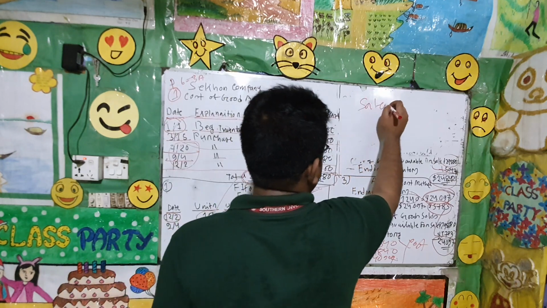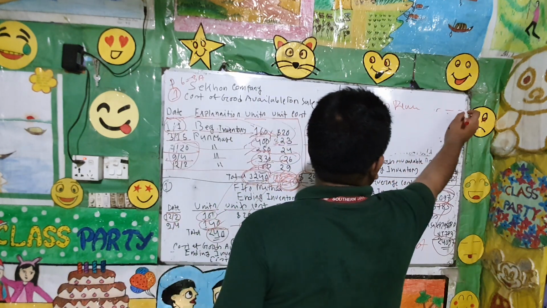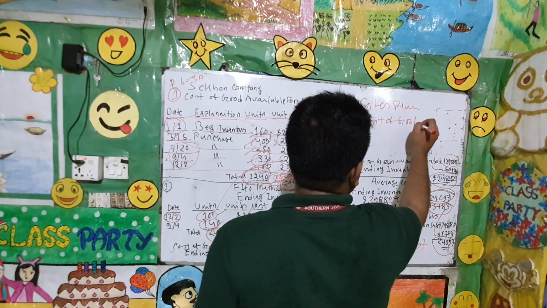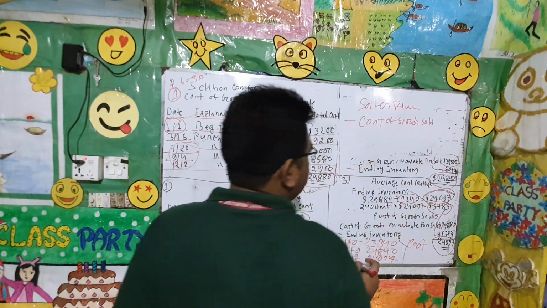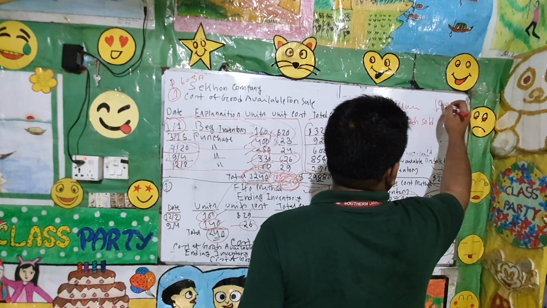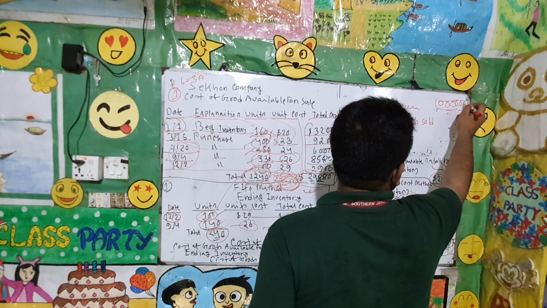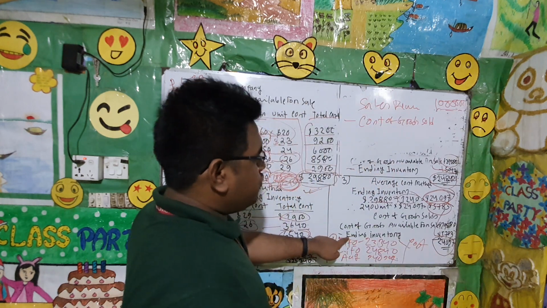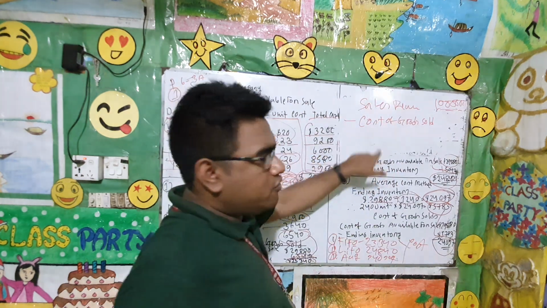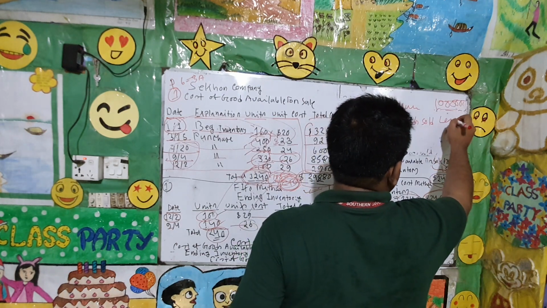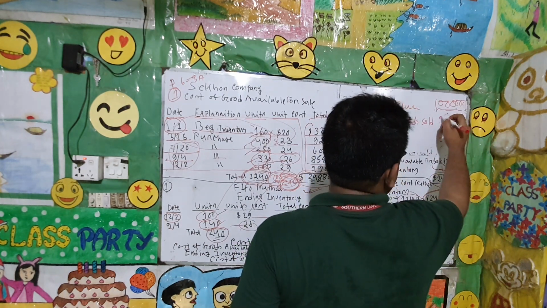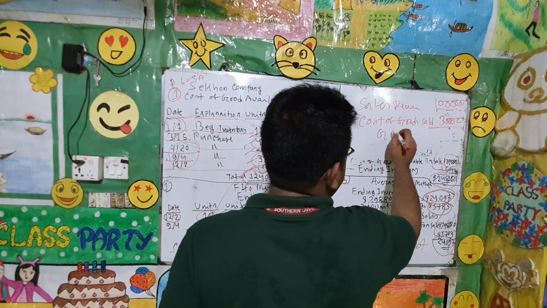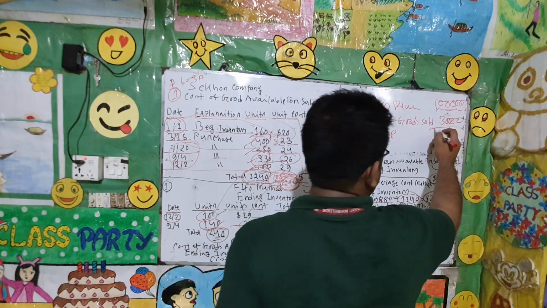from the sales revenue, minus cost of goods sold. So, for example, it is 100,000. If you deduct a cost of goods sold of, for example, 30,000, you will get a GP, which means gross profit, of 70,000.